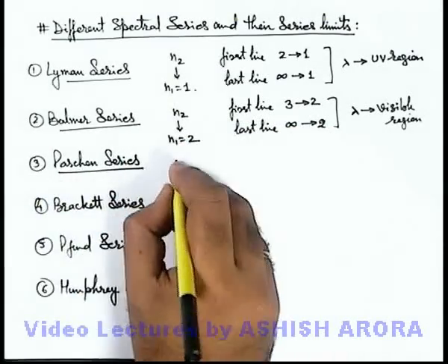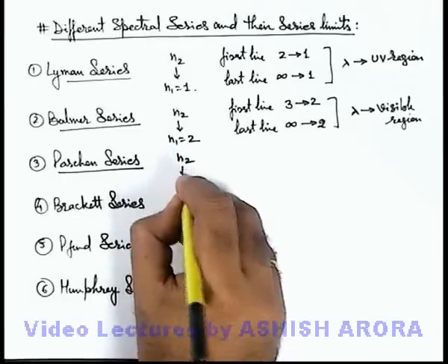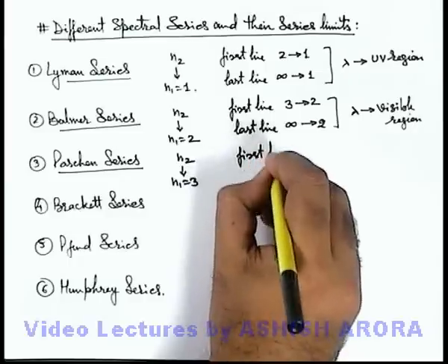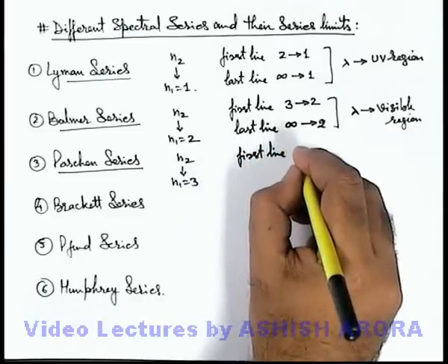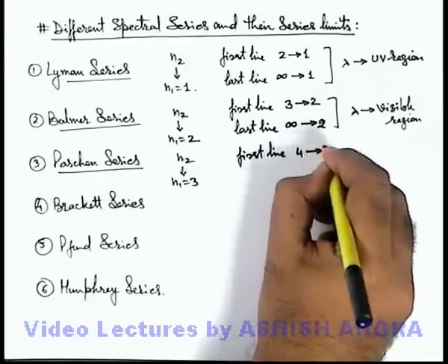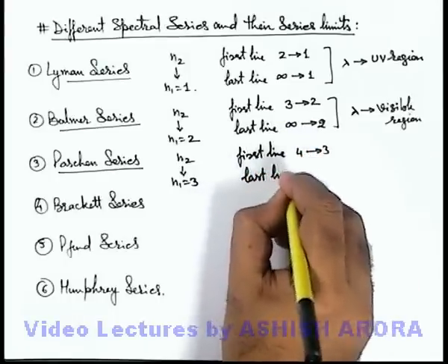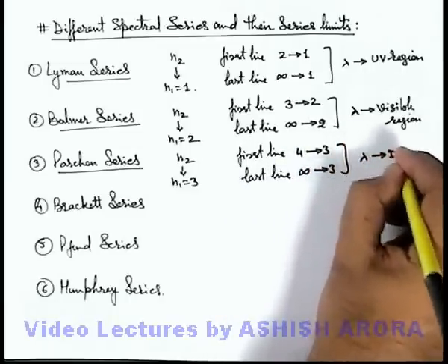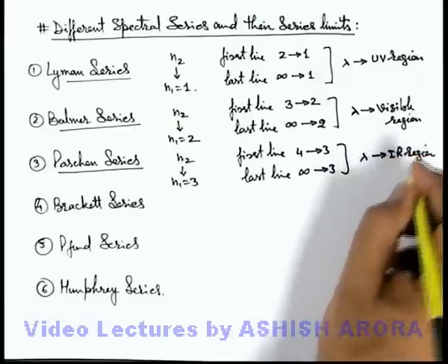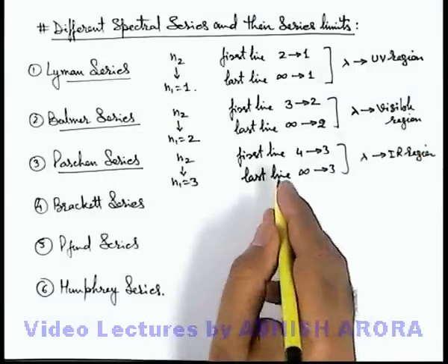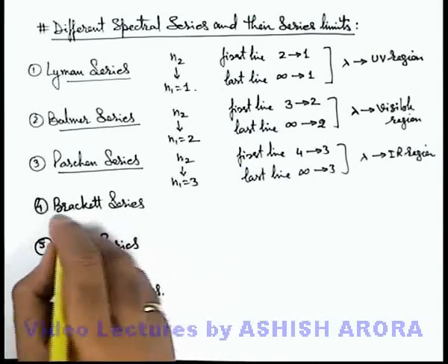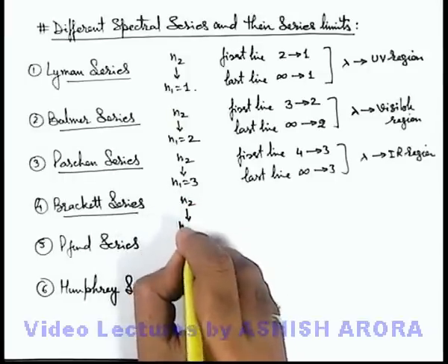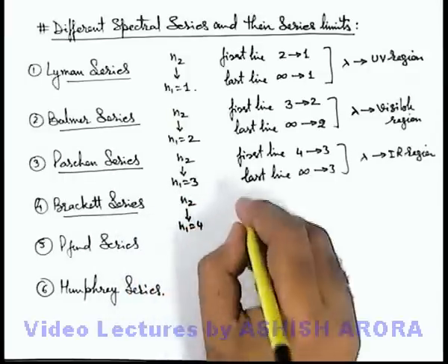If we talk about the Paschen series, it corresponds to the transition from any higher orbit to n1 equals 3. Here the first line corresponds to transition from 4 to 3, and the last line corresponds to transition from infinity to 3. Here the wavelength lies in the early infrared region, which is not overlapping with the visible region, but its last line overlaps with the initial few lines of the Brackett series, where transition from any higher orbit n2 to n1 equals 4 can be considered.